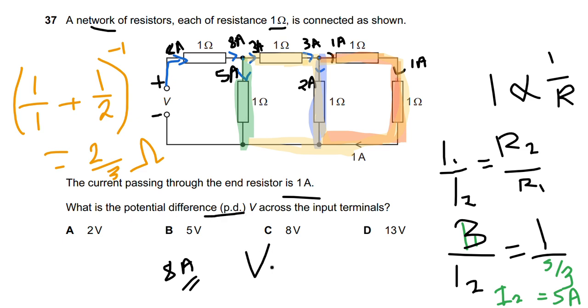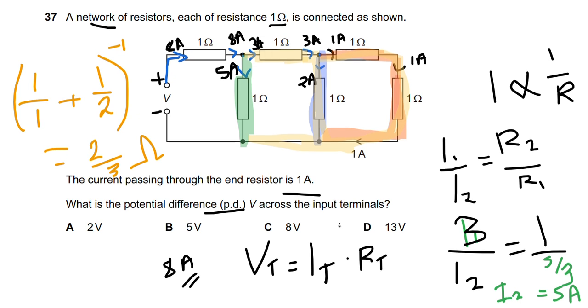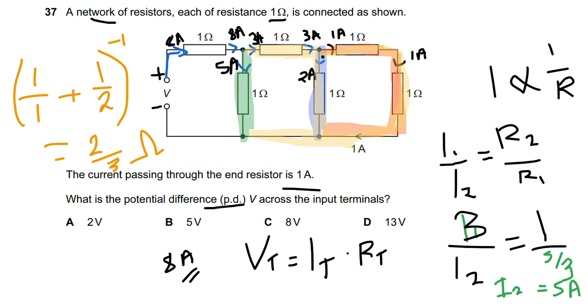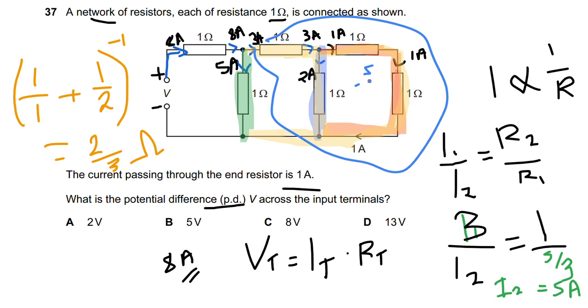Now, we know that V total is equal to I total times R total. Well, we just figured out our I total, so what is our resistance total? We already know the total resistance in this part of the circuit is 5 over 3 ohms.